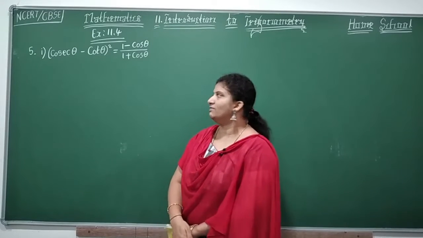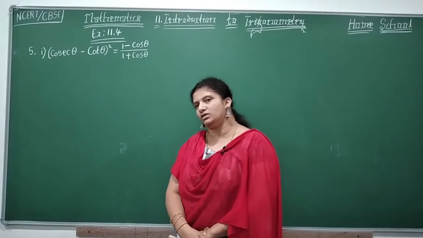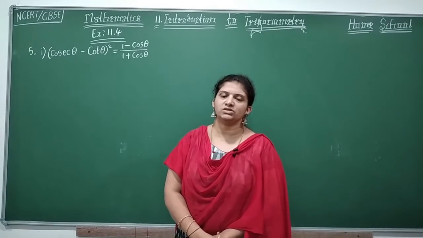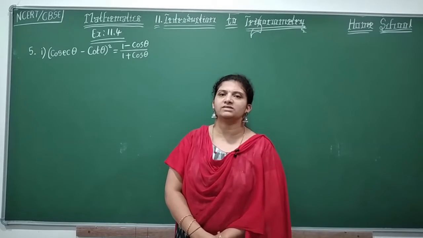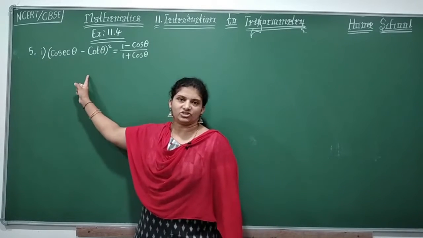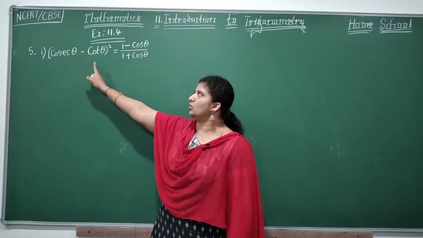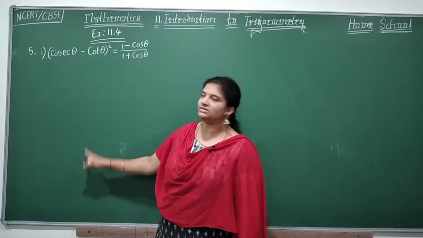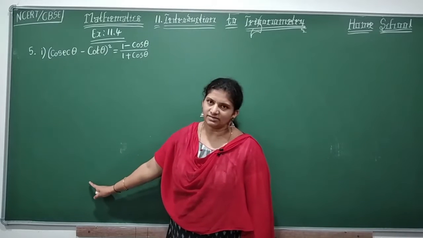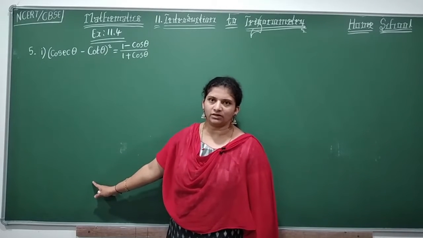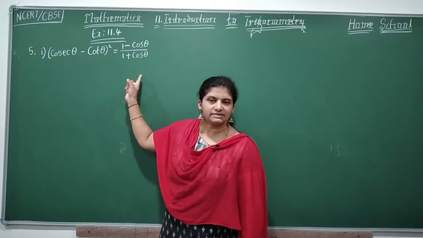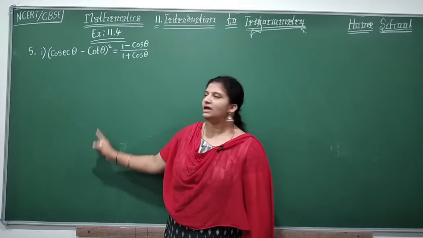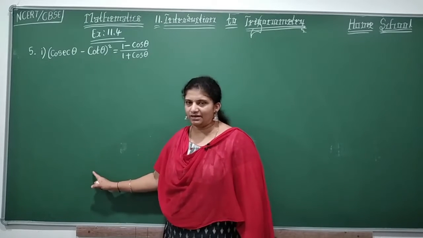Here, children, we need to prove that this equals this. When proving, you should know 3 ways. One, consider only LHS, solve by using the identities and try to get the RHS answer. Another method, consider RHS, try to solve using identities and get your LHS answer.